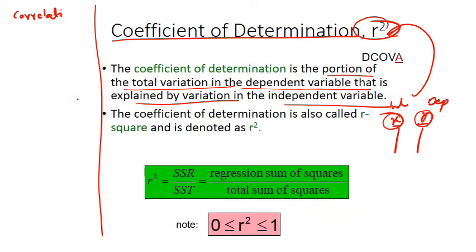We denote correlation by R, and coefficient of determination by R square. R equals n times sum of xy.